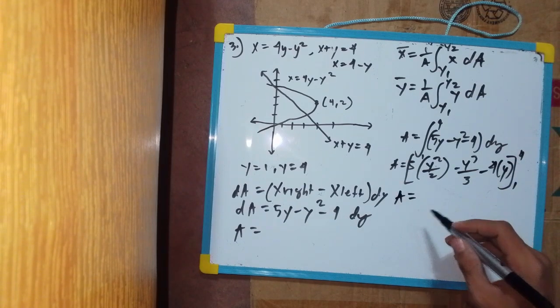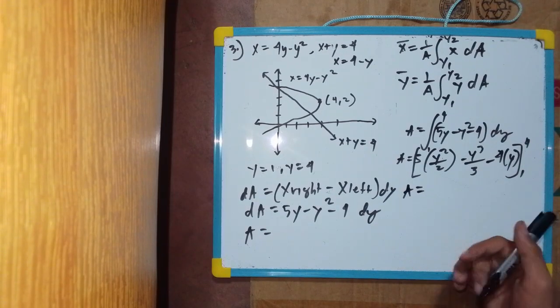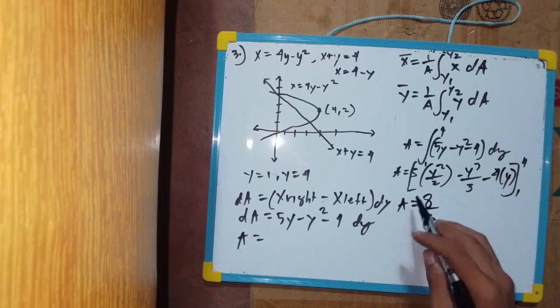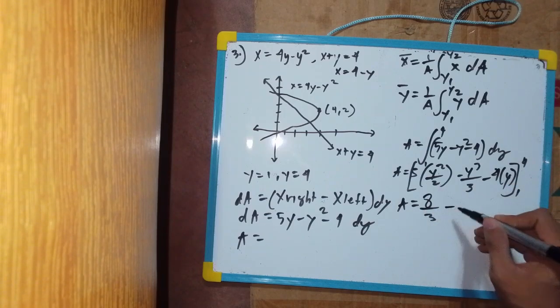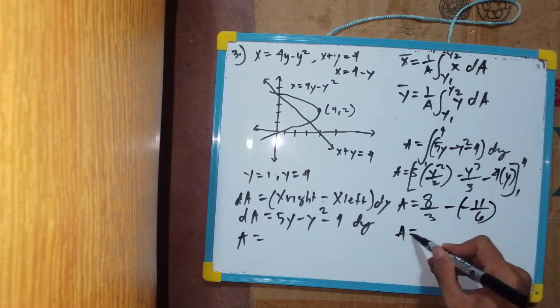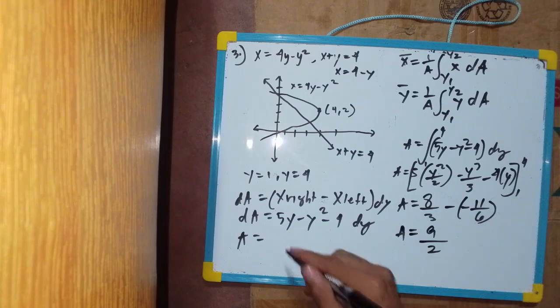If we substitute the limits of integration, 4 and 1, we have 8 over 3 for substituting 4, and for substituting 1 we have negative 11 over 6. So this will become 9 over 2. So our area is 9 over 2.